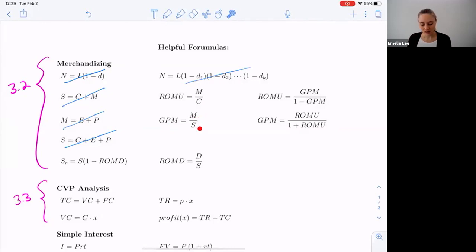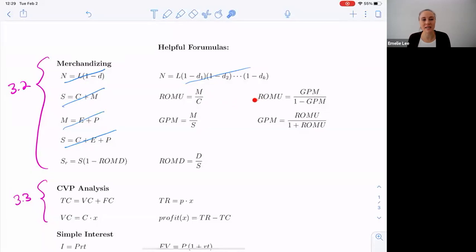Okay. Notice that you've got another formula for the raw mu, but it's just in terms of the gross profit margin, right? So if all you have is the gross profit margin and you need to solve for the raw mu, you can do that. Or if all you have is the markup and the cost, or you're able to get the markup and the cost, then you can do that, right?